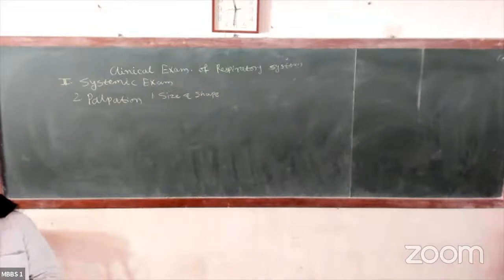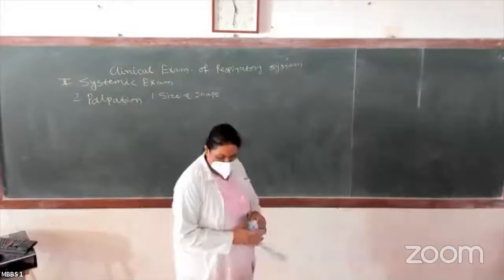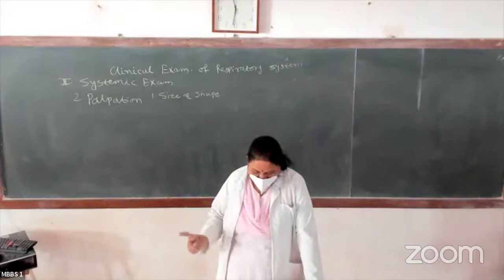Then ask him to expire, and at the end of expiration, measure the circumference again. So measure the AP diameter, transverse diameter, and the circumference.